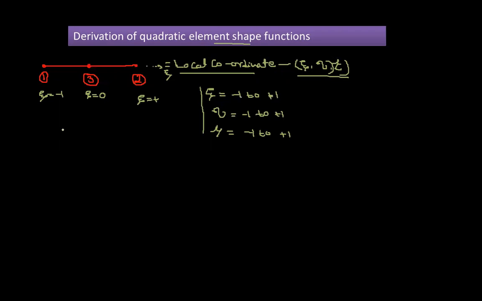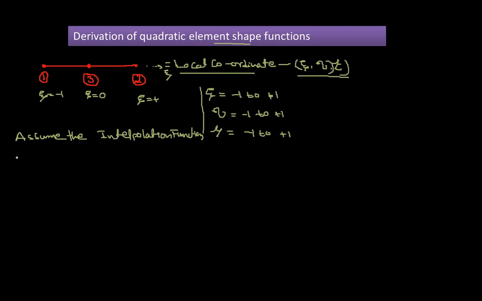Now let us see what the displacement function or the interpolation function would be. Let us assume the interpolation function. This interpolation function must be satisfied throughout the element, that is, from the starting point to nodal point 2 as well as 3.